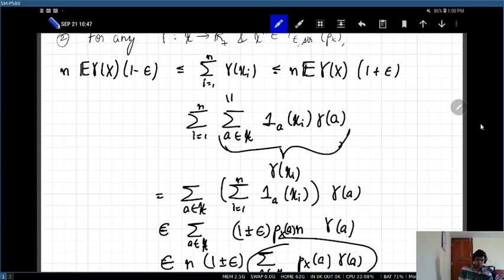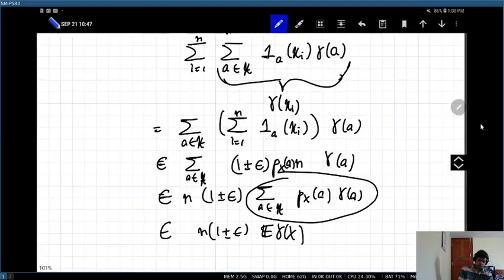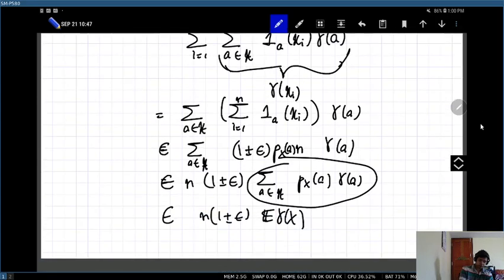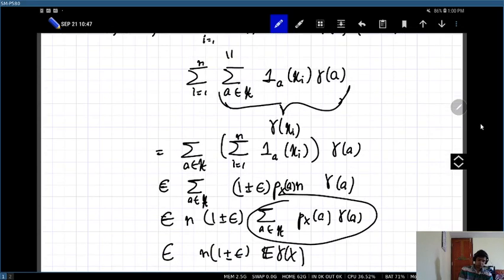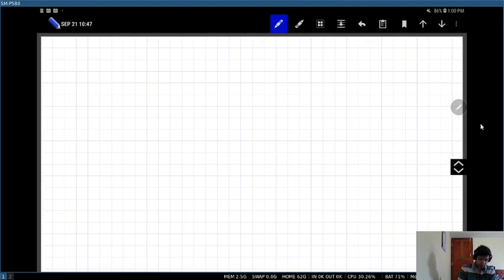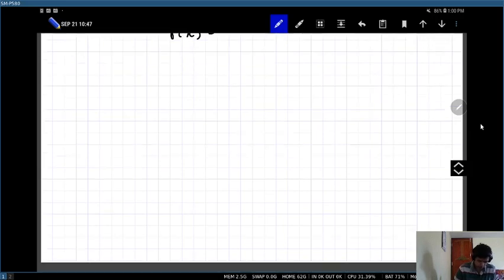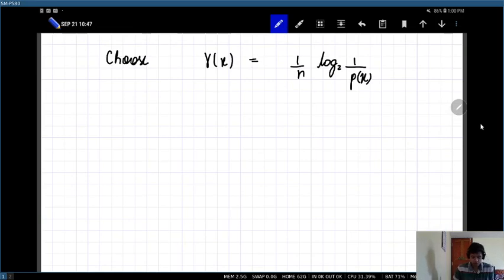So what we will need in particular to get bounds on the size of the typical set is the following. A very special case is when you take gamma of x to be log 1 over p of x.